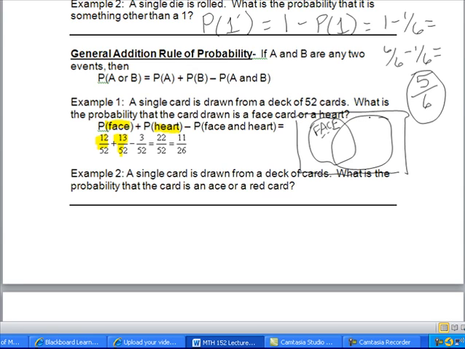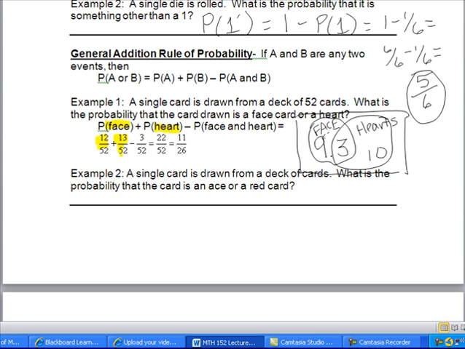And then we have the hearts. In the overlap region, we'd have the 3 face cards that are hearts. That's going to give us 10 remaining hearts out here, and the 9 face cards from the other suits.